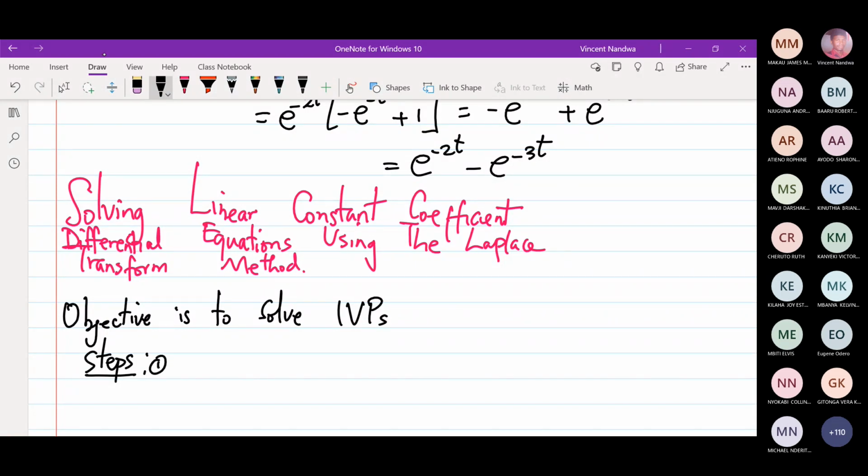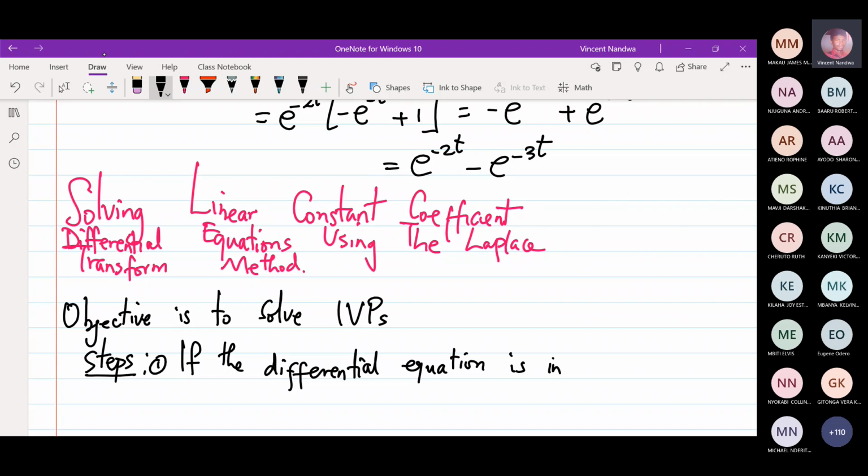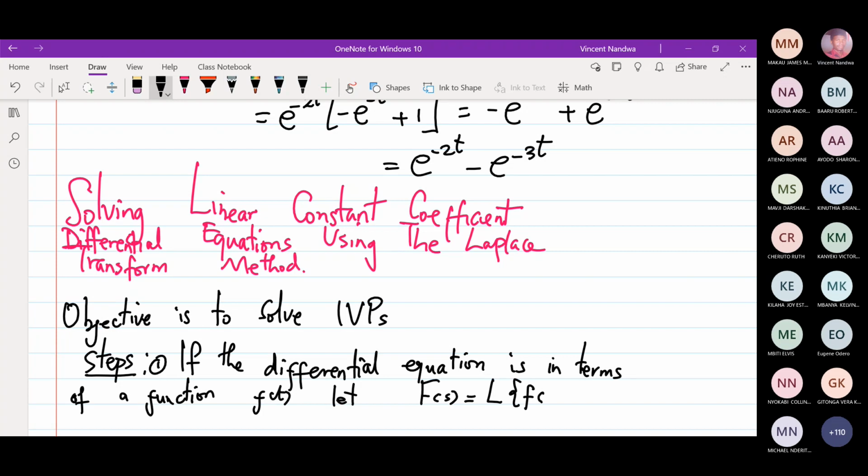So one, if the differential equation is in terms of a function f of t, let capital F of s be the Laplace transform of f of t.